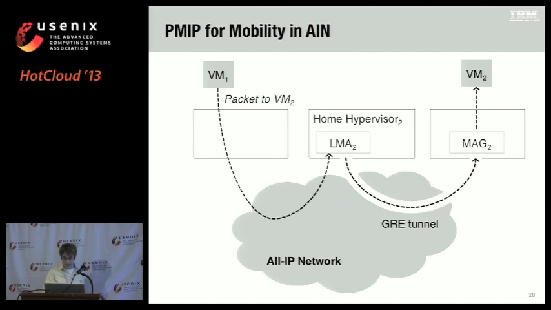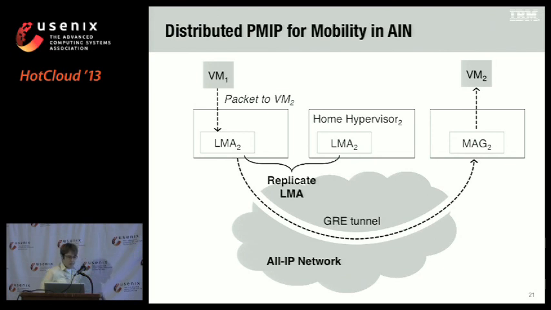Okay, so of course this looks like it has pretty high overhead. It's got this home hypervisor that's in the way, and let's say VM1 and VM2 are fairly close to each other, but the home hypervisor is somewhere else, then maybe you wouldn't want to take that extra indirection. We think that you could probably distribute the LMA between multiple hypervisors to eliminate that overhead.